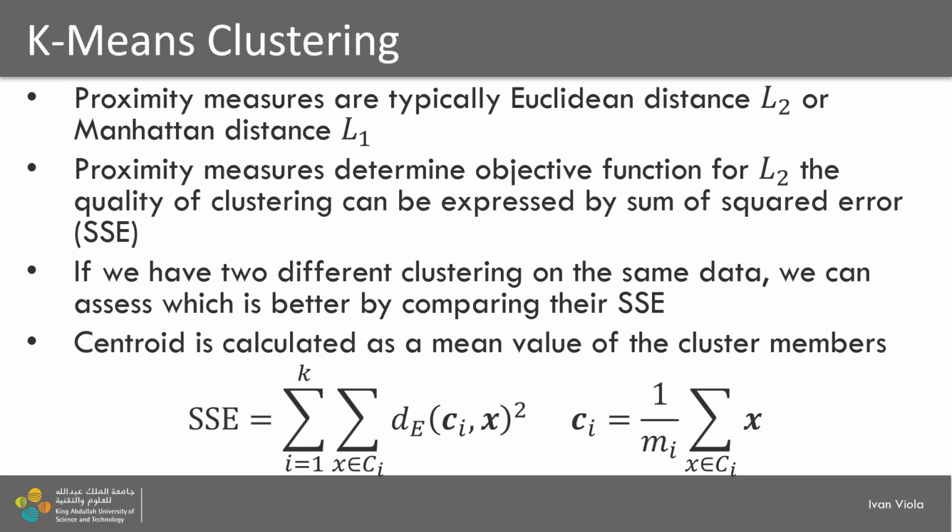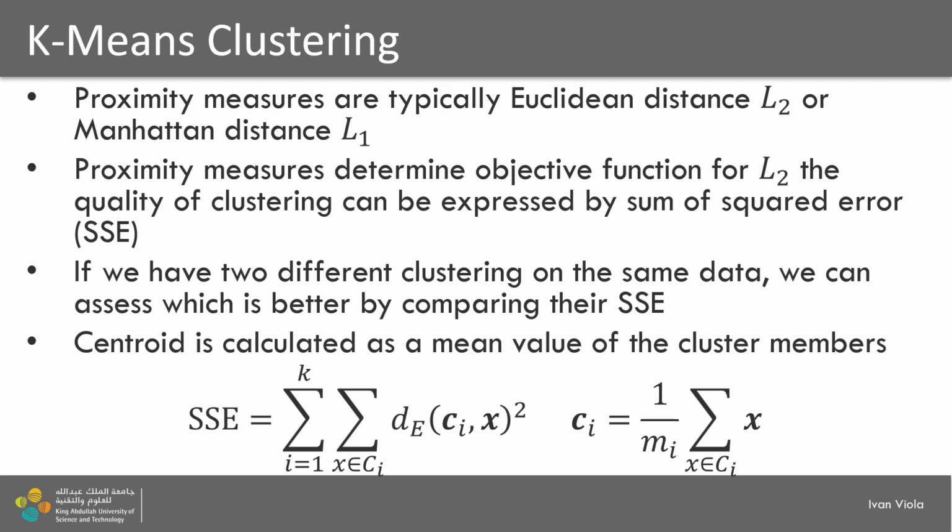So if we have two different clusterings on the same data, we can assess which is better by comparing their objective function. And in this case, it will be the similarity measure. Centroids are calculated, as I said, as the mean value of the cluster members, as we can see in the second equation below.